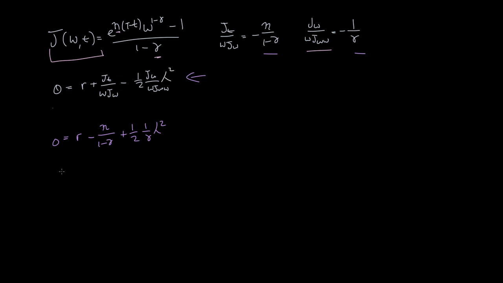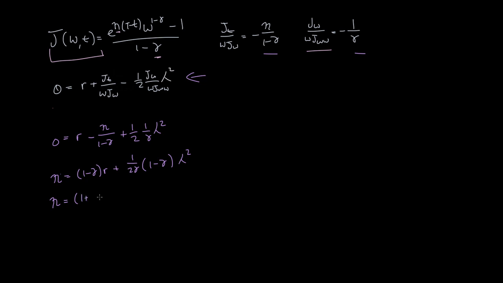So we compute that eta is equal to 1 minus gamma times r plus 1 over 2 gamma times 1 minus gamma lambda squared. Now if we factor this, can we make it more beautiful? Let's try.